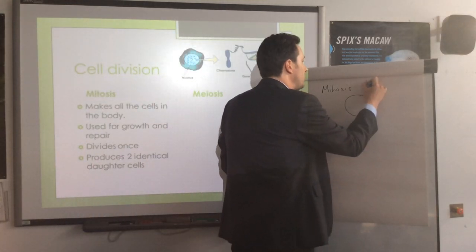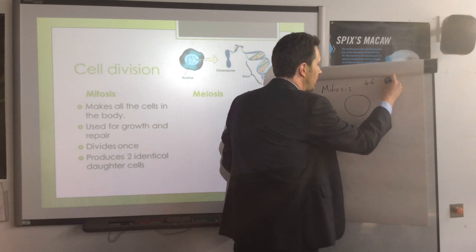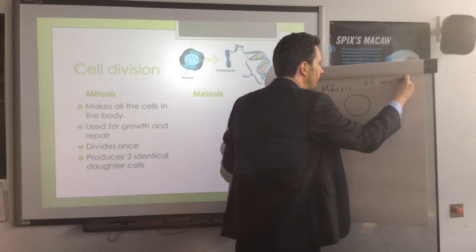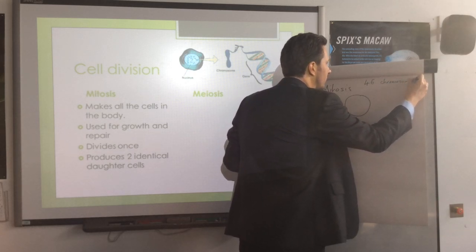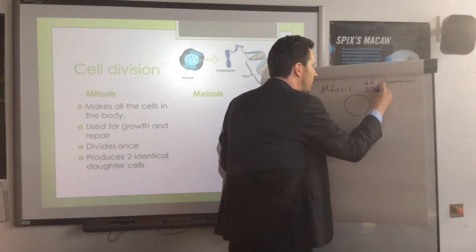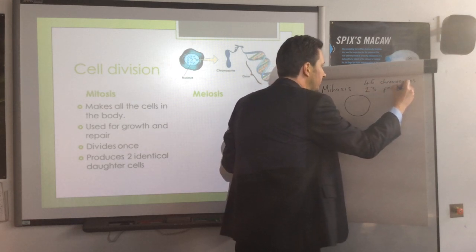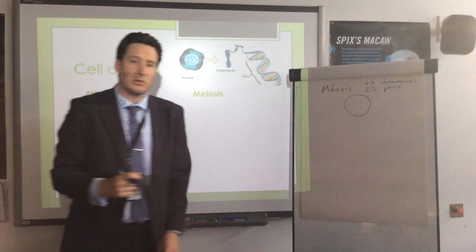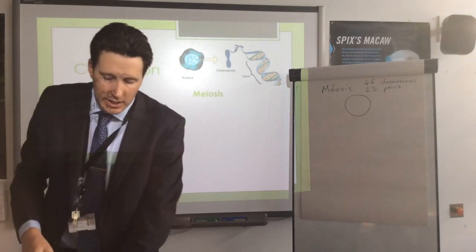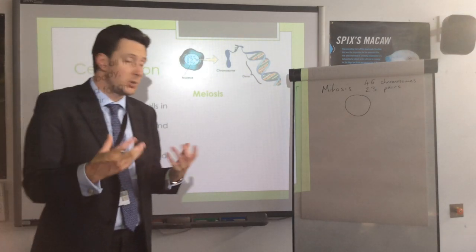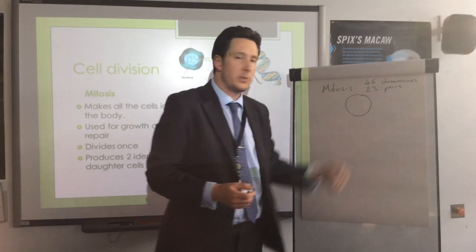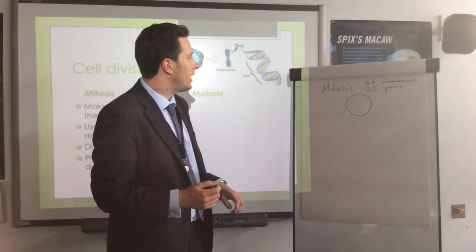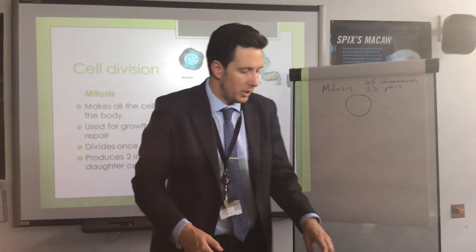A normal human cell has 46 chromosomes in it, and that's 23 pairs. Those pairs are set up because 23 come from your mother and 23 from your father. So 46 chromosomes in total.